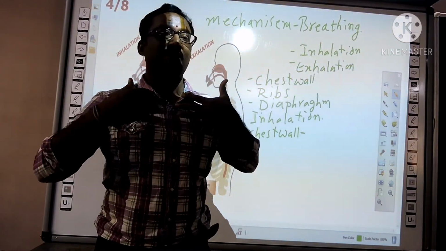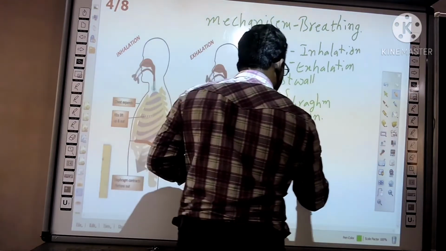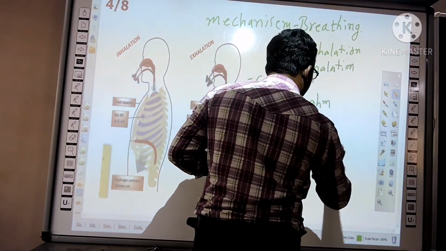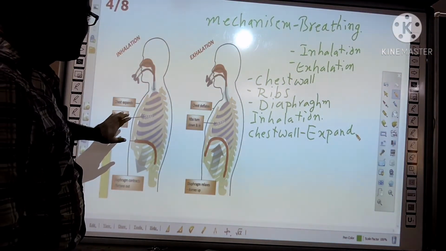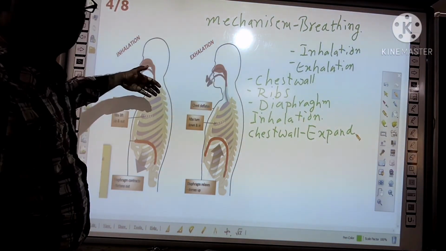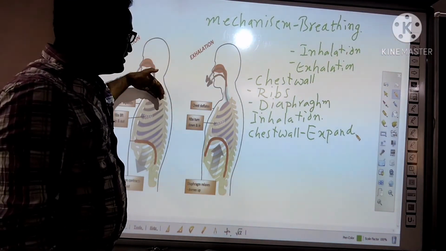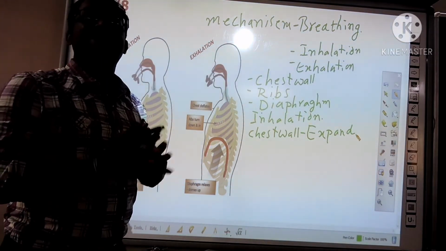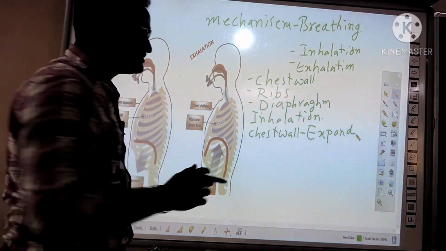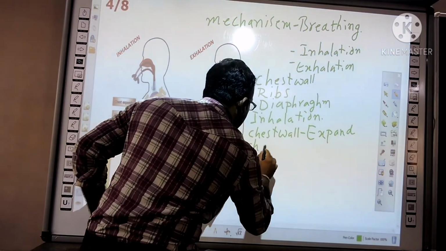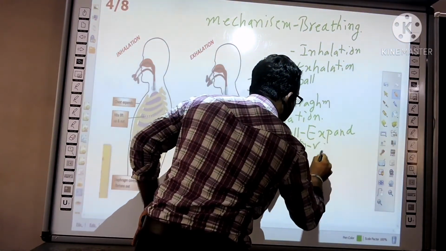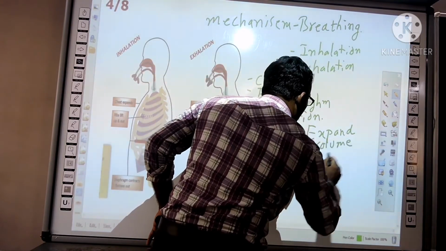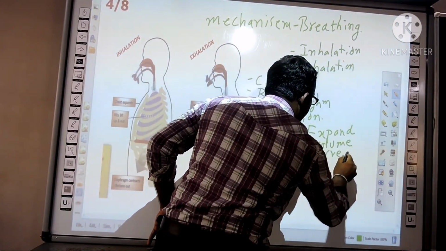The chest wall expands, right? So whenever the chest wall expands, the cavity in the chest increases. That means the volume of the chest cavity increases.